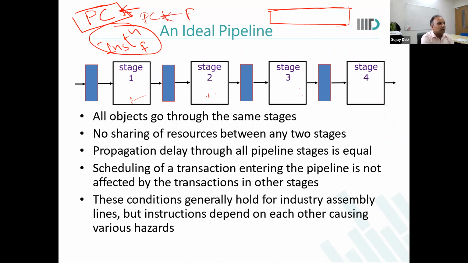then generally PC will be updated by PC plus 4. Remember that we said our instruction width is 4 bytes, and we have a memory which is byte addressable.